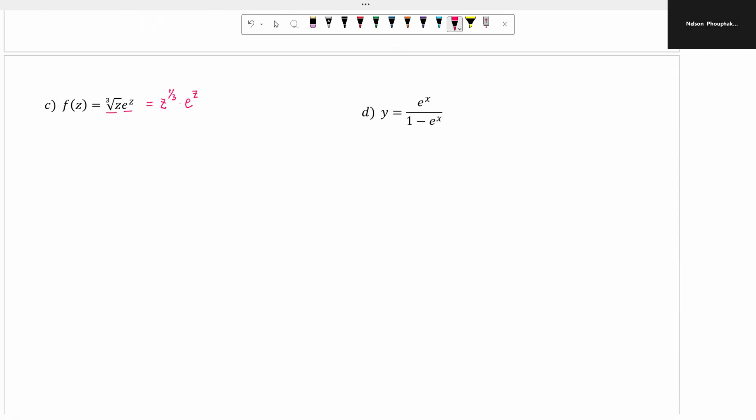Okay, then now let's take the derivative now. So I have f prime of z is the derivative of z to the 1/3 times e to the z plus z to the 1/3 times the derivative of e to the z.